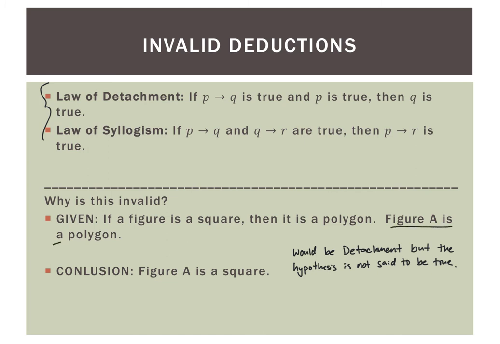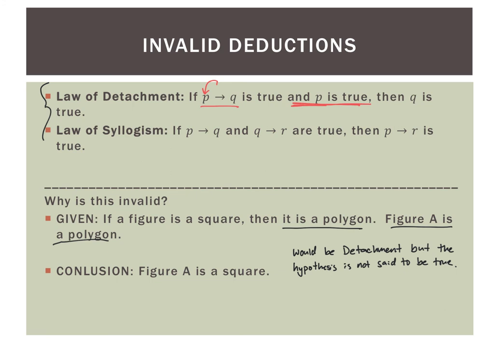Figure A is a polygon is part of the conclusion. If you look up at the law of detachment, if P then Q is true and P is true. So you have to be told the hypothesis is correct. If you're told that Q is correct, well, you don't know where Q came from. It could have come from anything.